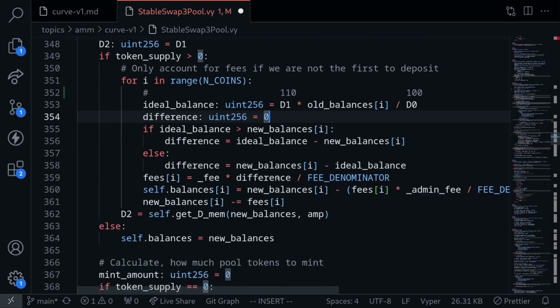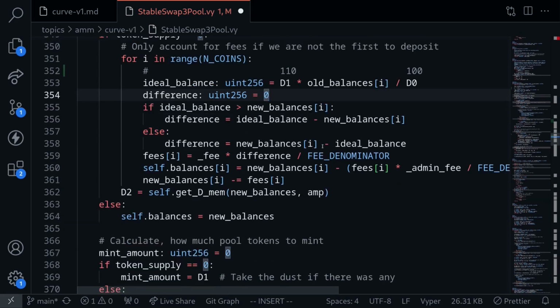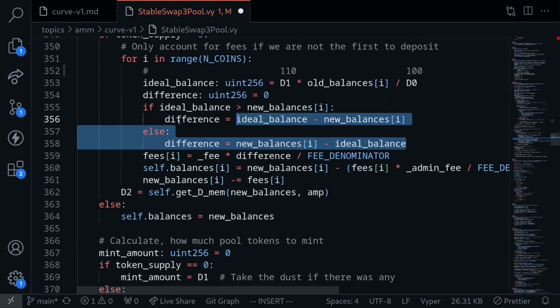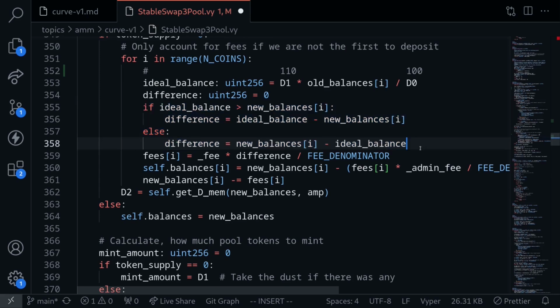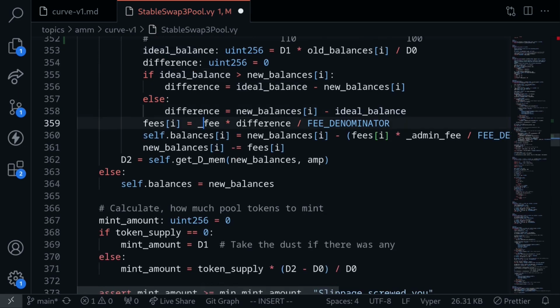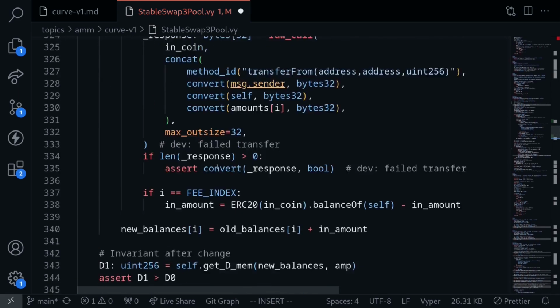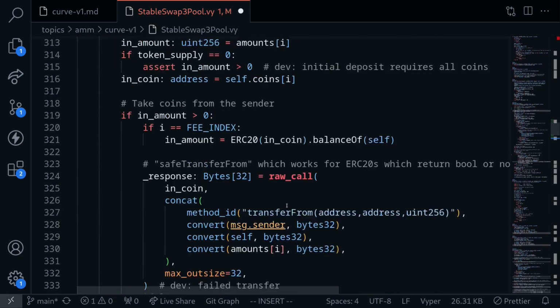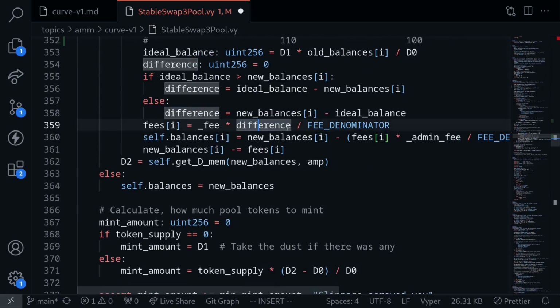Otherwise, it's the opposite: new balance minus ideal balance. Here, we're just getting the difference of ideal balance and new balance. And then fee will be equal to this magic number fee that we saw over here, and then multiplied by the difference, and then divided by the fee denominator. This is the imbalance fee that will be charged for each token.